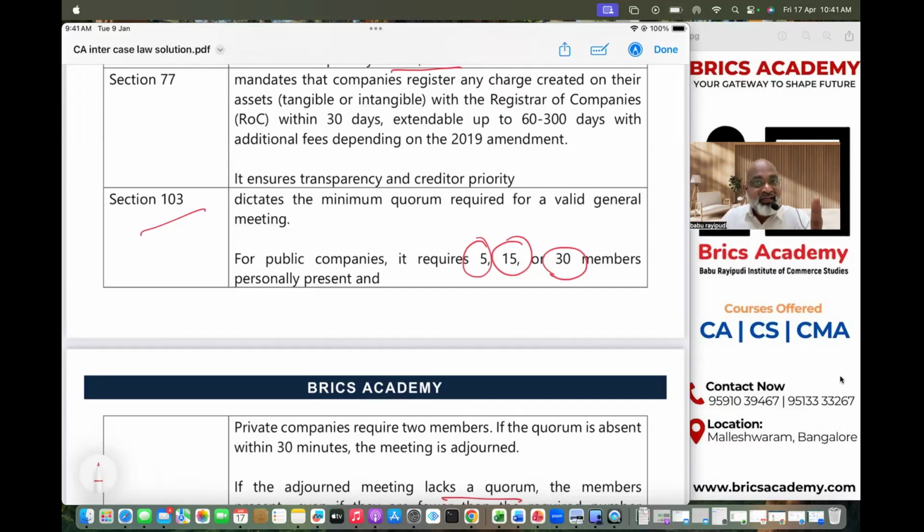That is why when I teach in my class, I always tell students, this is how it is bunched: chapter 1, all the definitions you have in your company law; chapter 2, you have sections 3 to almost 22; chapter 3, sections 23 to 42. If you remember sections like this in a bunch, in a scheme, then the moment you read the case law, you will understand this chapter is related to that concept, so and so sections. Automatically you'll remember. That is what you have to do.